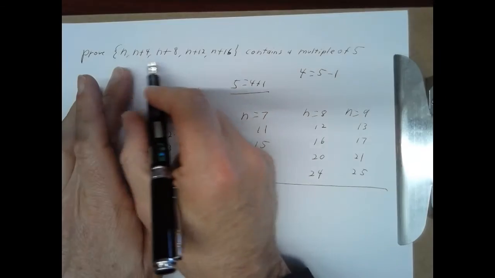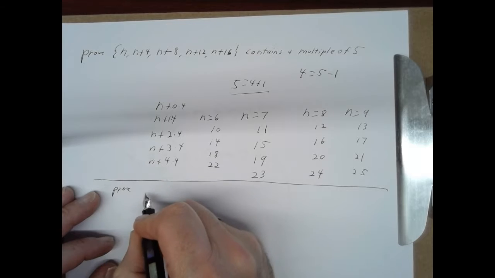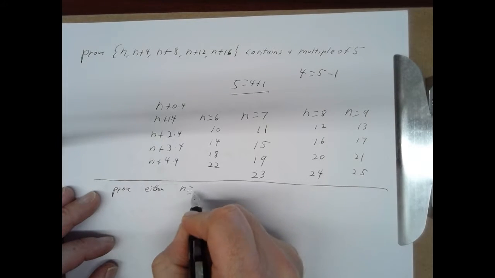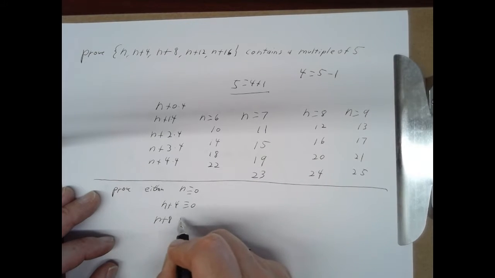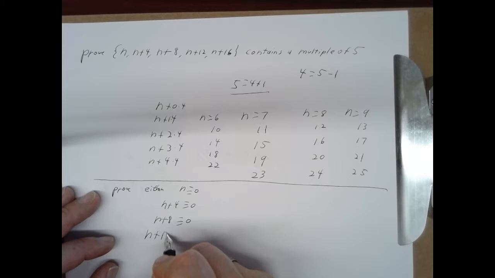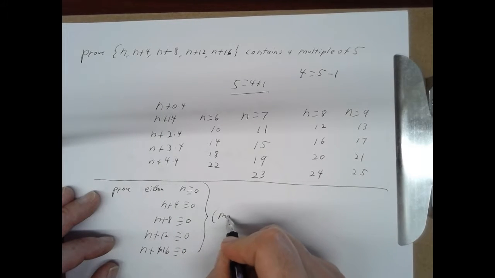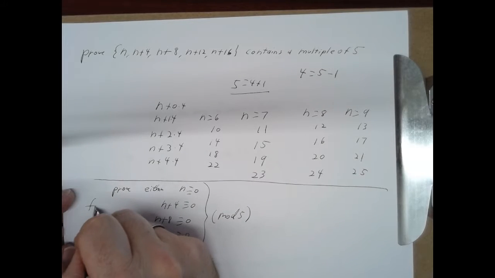And we can write a set of 5 numbers and we can say prove either n is congruent to 0, n plus 4 is congruent to 0, n plus 8 is congruent to 0, n plus 12 is congruent to 0, or n plus 16 is congruent to 0 modulo 5. And this is for any n.